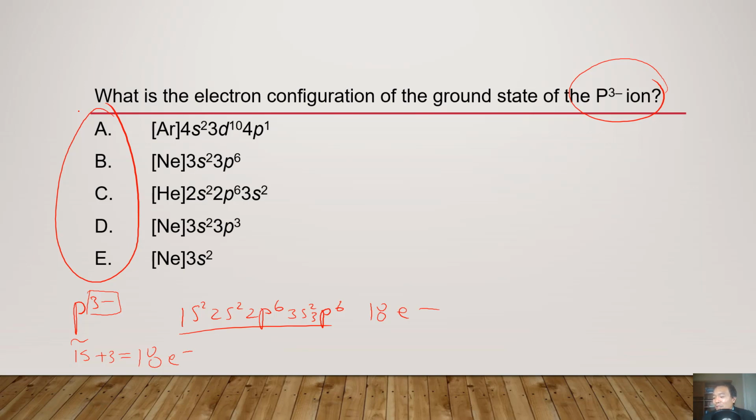Basically, we have another way to represent electronic configuration. As you can see over here, we have something in brackets like this.